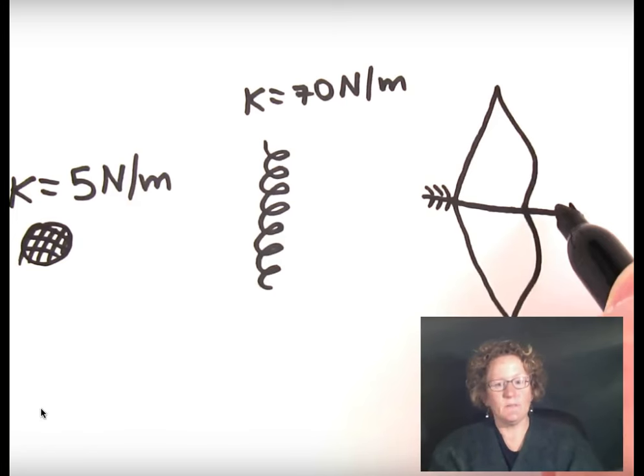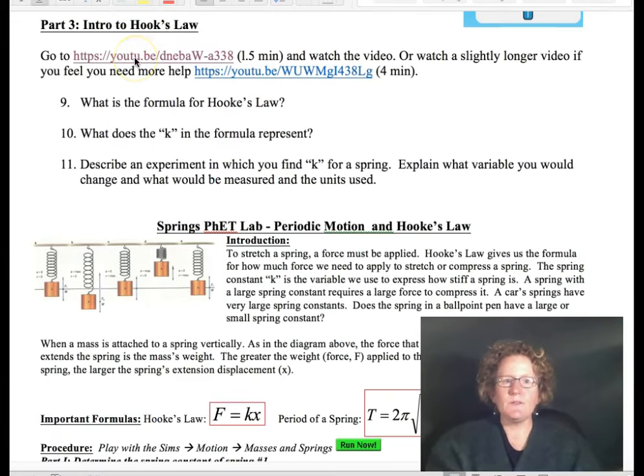It does involve a little math, but you're smart people. So once you've watched this really short introduction to Hooke's law, or if you feel like you need a slower introduction with a little more detail, you can watch this video. So it's your choice. Watch one of them.